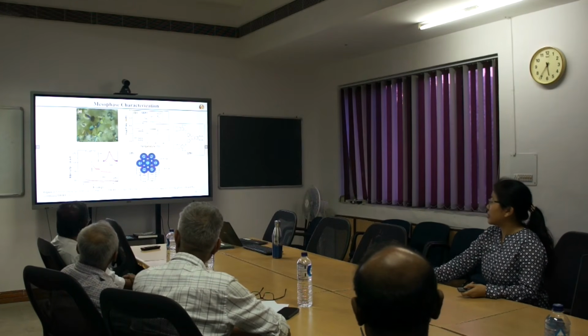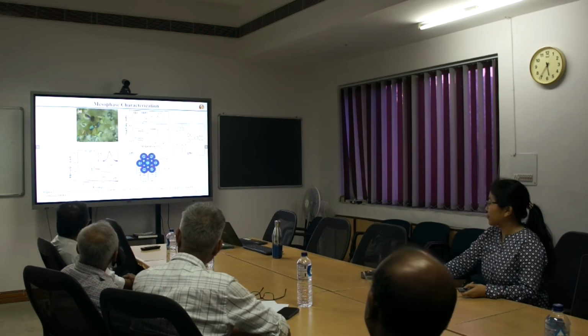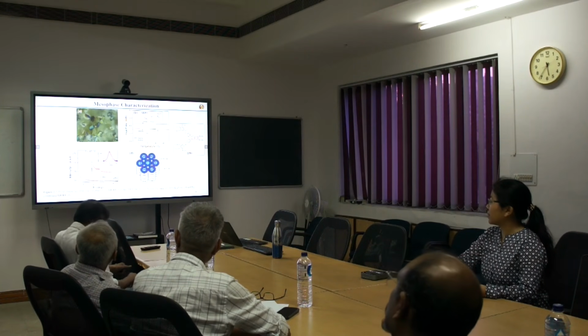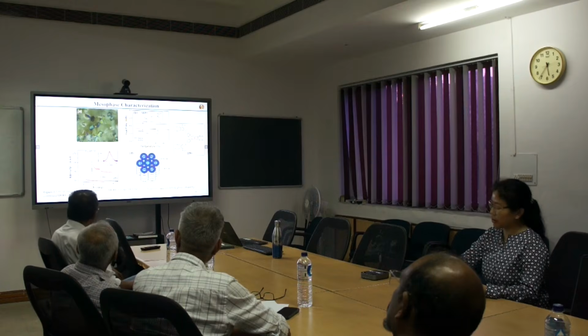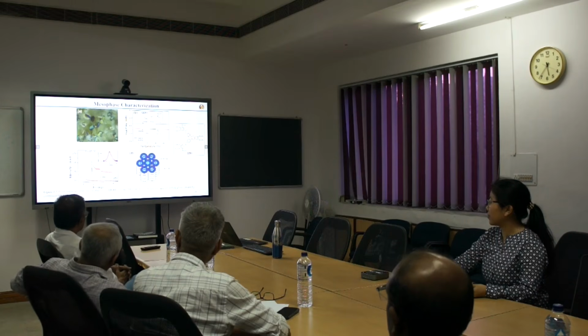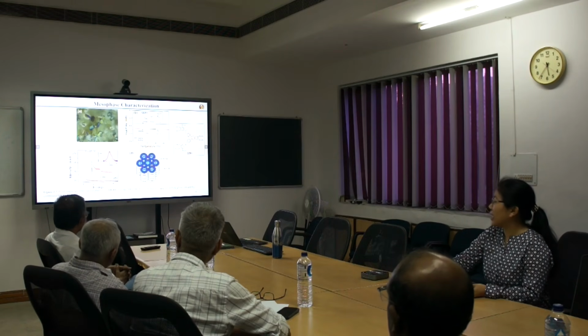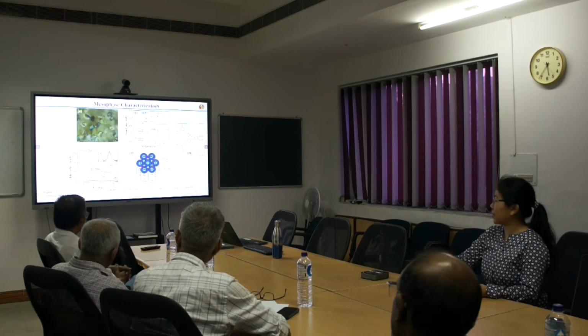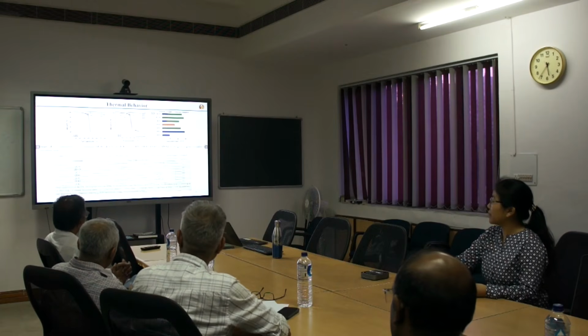So this XRD data supports a columnar hexagonal mesophase with lattice parameter 33.2 angstrom and packing distance of 3.9 angstrom, and the number of molecules present per unit cell was found to be 160.